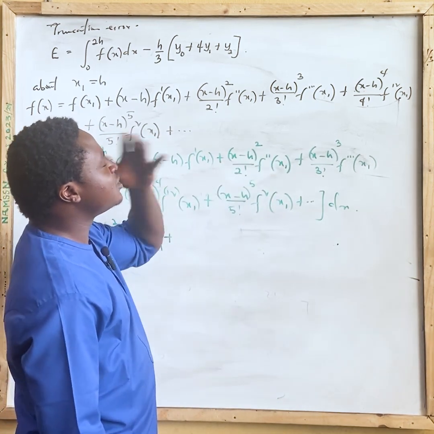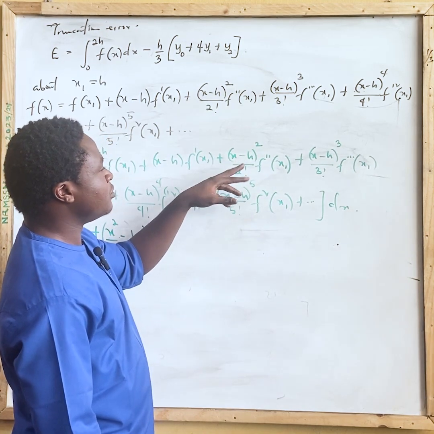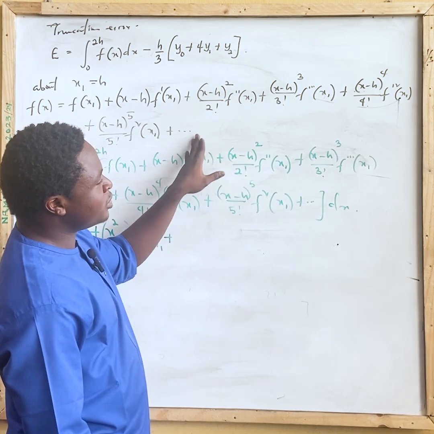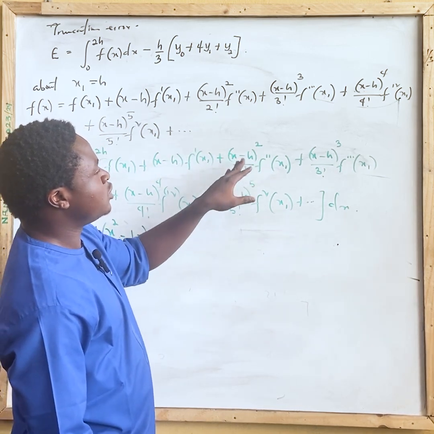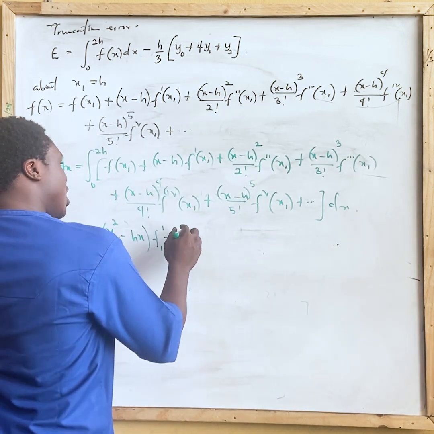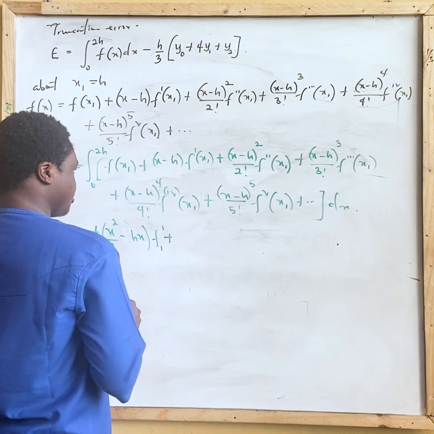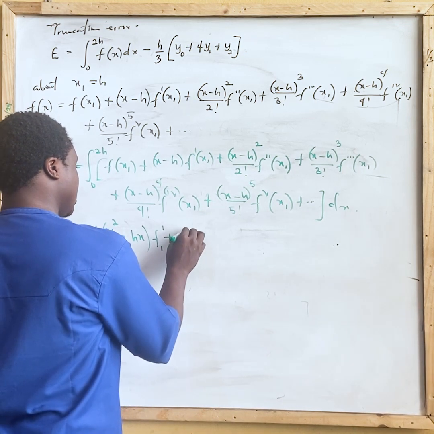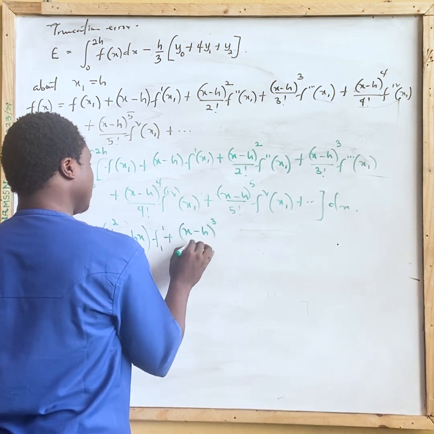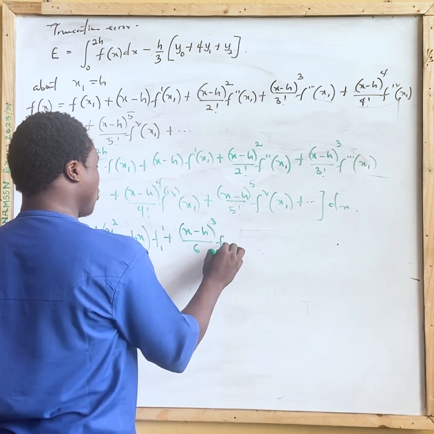If we use substitution, where u is x minus h, our du will be dx, fine. So that's still u squared, and it is still to power 3 over 3. So I'll have this to be x minus h to power 3 over 6, times f1 double prime.